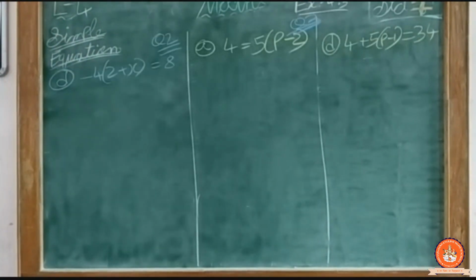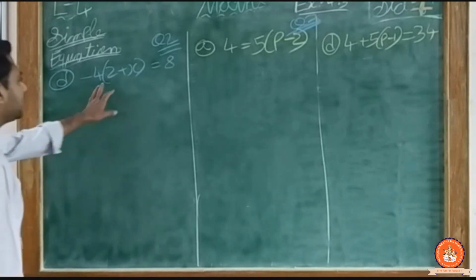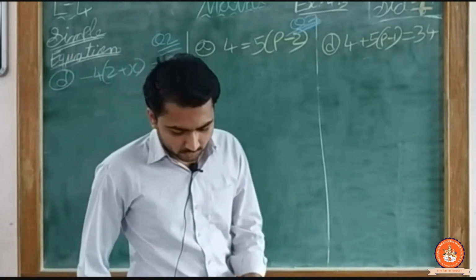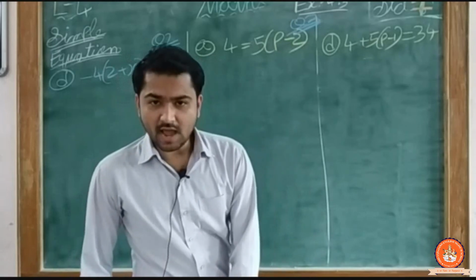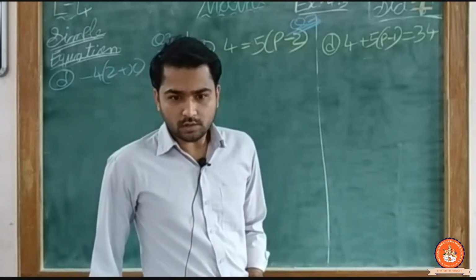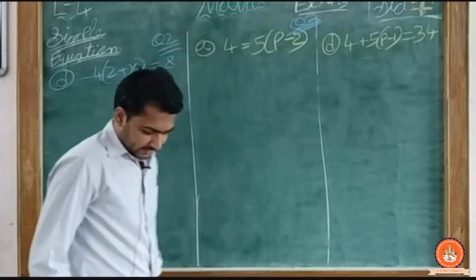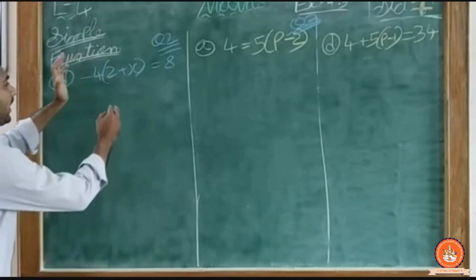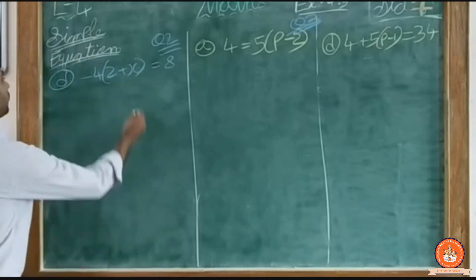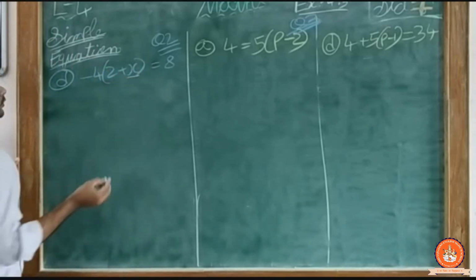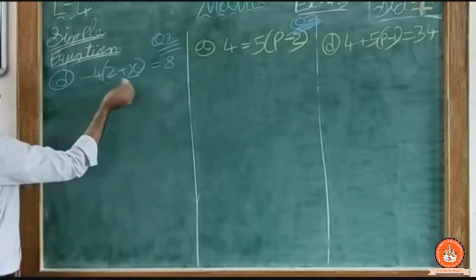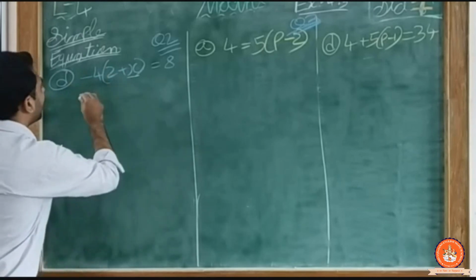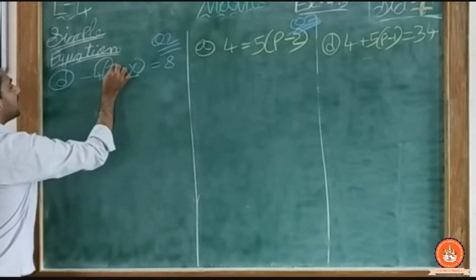Now students, coming on to the next question, for question number 2, that is question number D. Okay, D I already made you solve. Now coming on to D, that is minus 4 into 2 plus x in bracket is equal to 8. We have to find the x variable. As I told you, first of all the digit which is behind the bracket, we have to multiply.